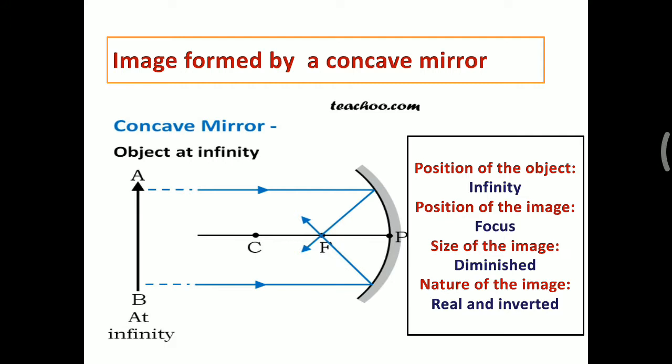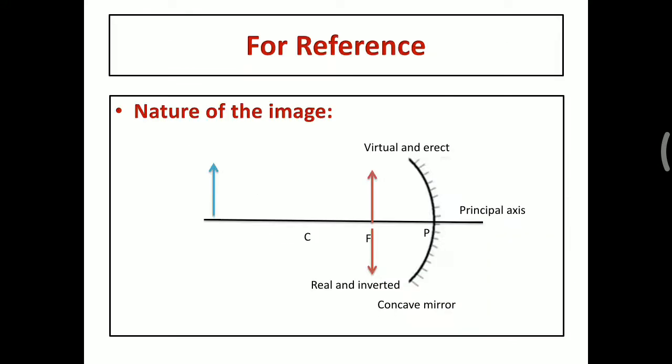How do we find that it is real and inverted? How to find the nature of the image: for reference, in a concave mirror you have pole, focus, and center of curvature. If the image is formed above the principal axis, the image is called virtual and erect. If the image is formed below the principal axis, it is real and inverted.